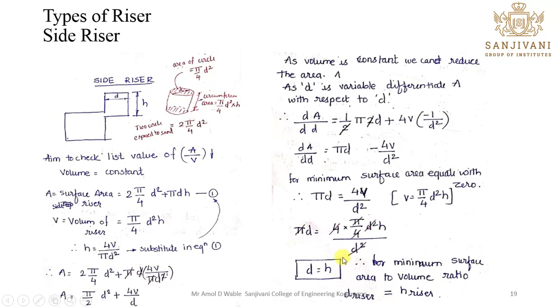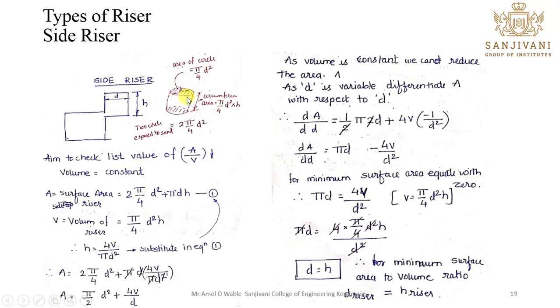So how have they proved this? Here A is the surface area of this riser. You have to consider the whole cylinder now. The surface area for this cylinder will be the area of the circle at the top and at the bottom, and the circumferential area of the cylinder.